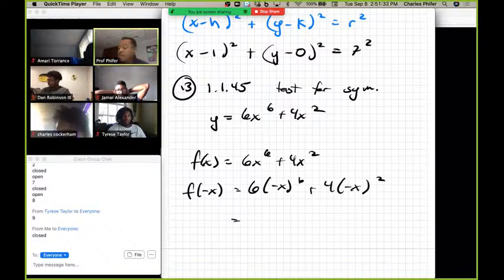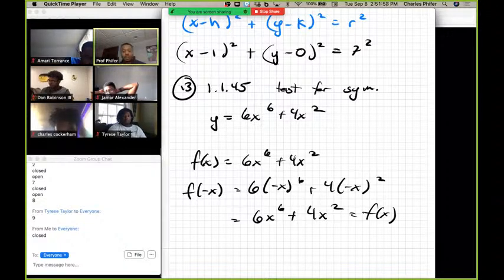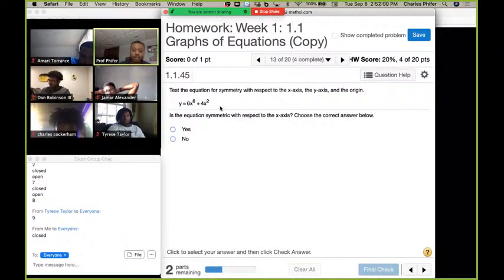If we have an even number of negatives, that's ultimately going to be positive. Same for the next one. And I think that is the original. So f of negative x equals f of x. That's the definition of a function being even.